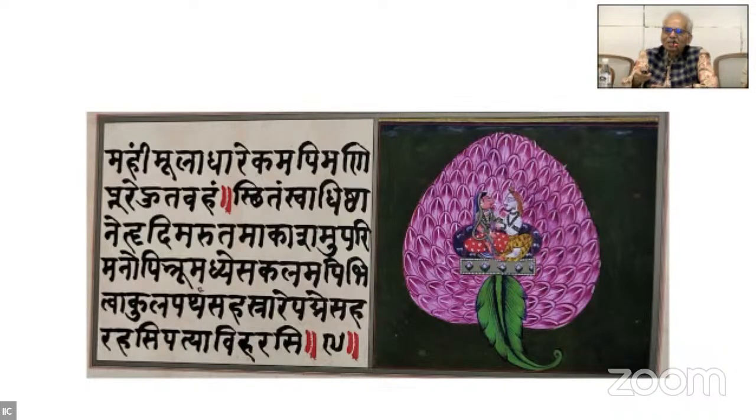So because the stanza says that Manopi Bhru Madhya Sakalmapi Bhitva Kulapatham, having done the Vedan of all the Kulapatha, Sahasrare Padma, this is Sahasrara Padma.